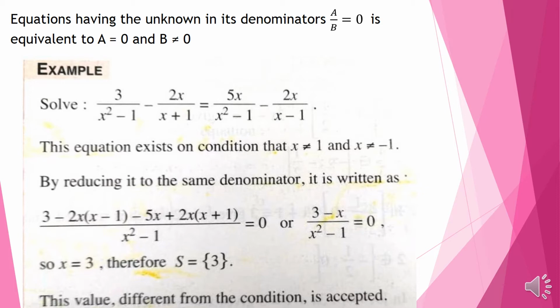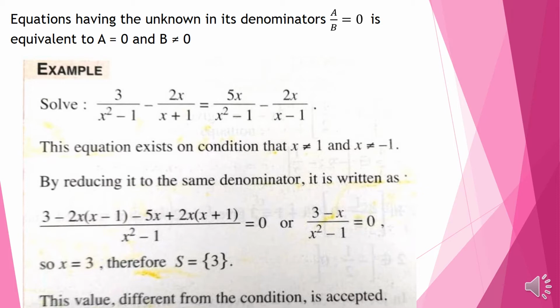Now if we divide x squared minus 1 by x squared minus 1, the third term, we get 1. 1 times minus 5x is minus 5x. Again, x squared minus 1 divided by the last denominator, which is x minus 1, we get x plus 1 times 2x.